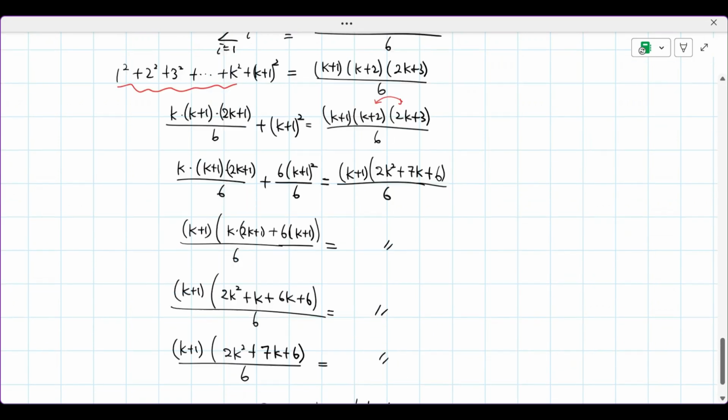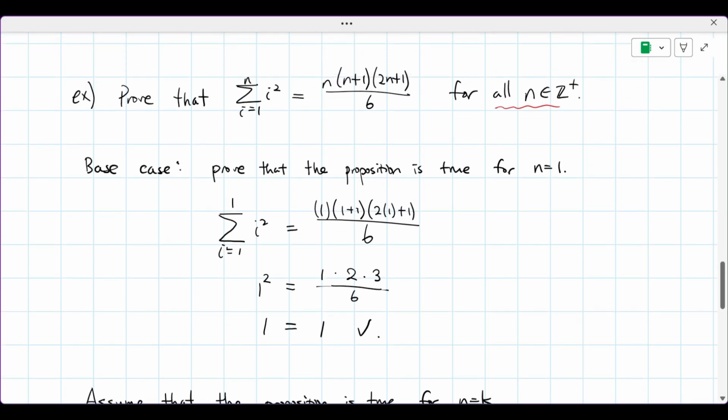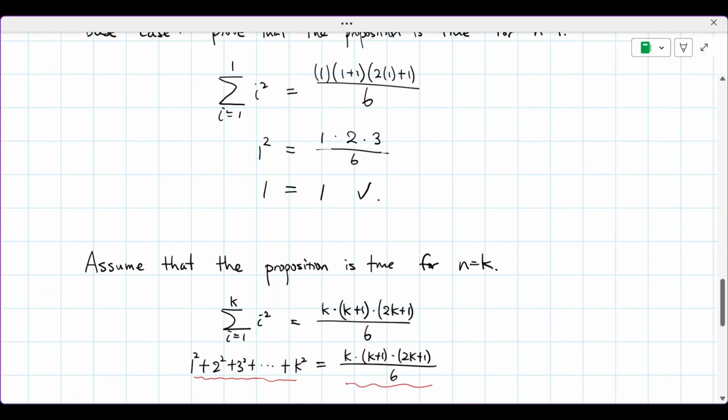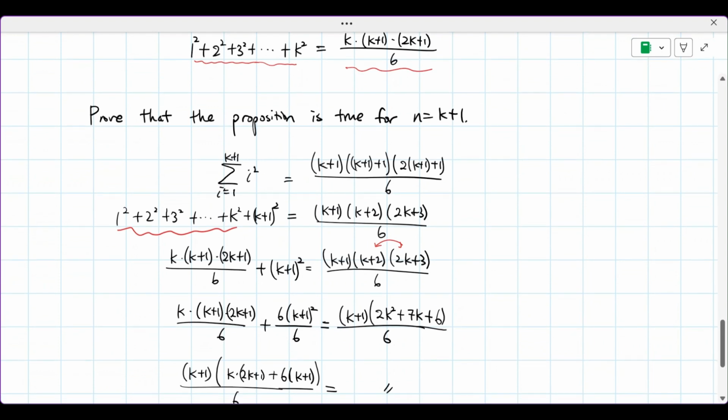So once again, we did all the 3 steps. Remember the 3 steps for the proof by mathematical induction: the base case, the assumption for n equals k, and the proof for n equals k plus 1.